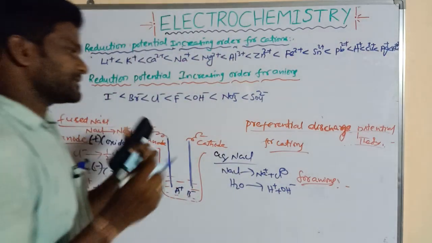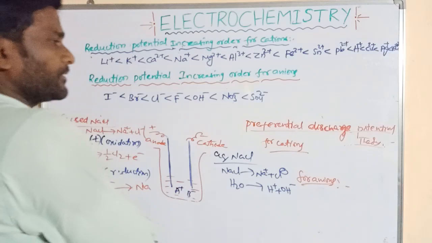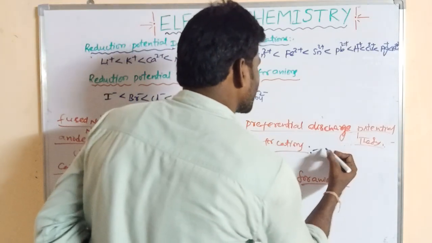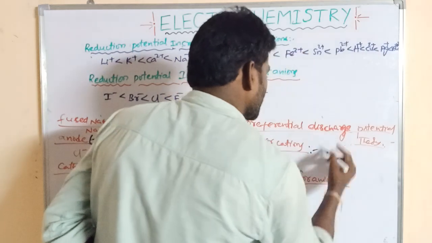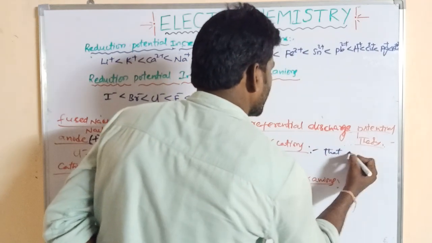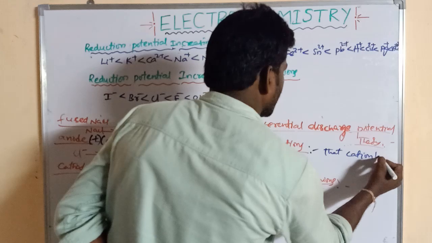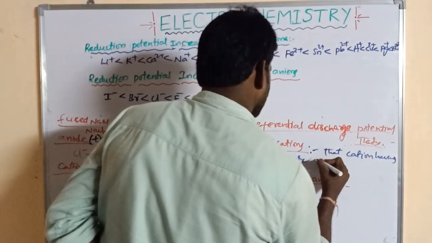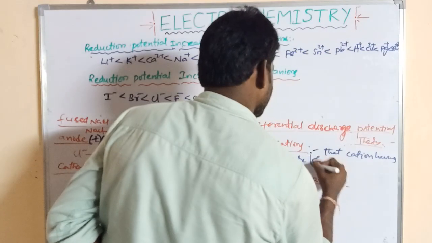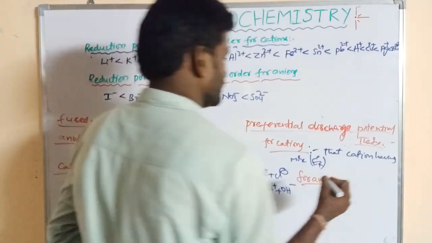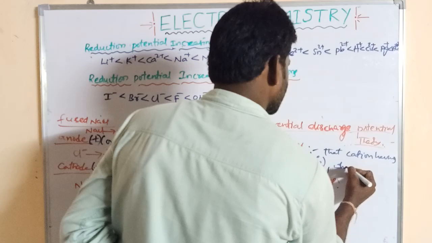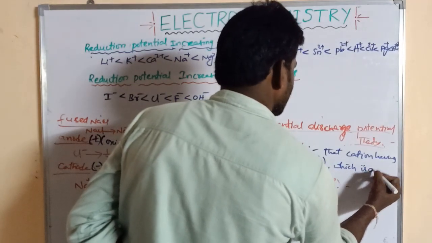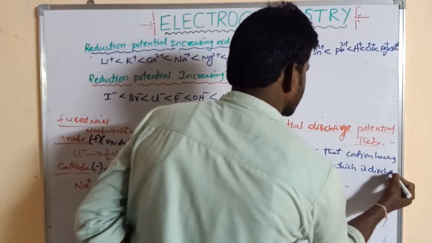For cations, the cation having more reduction potential is discharged preferentially. This is discharged first.